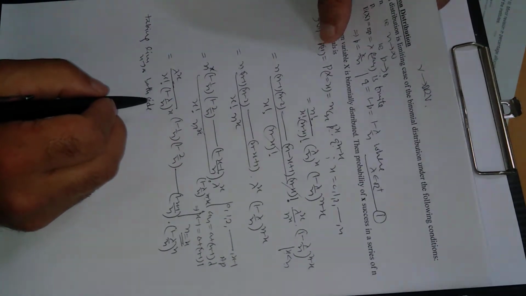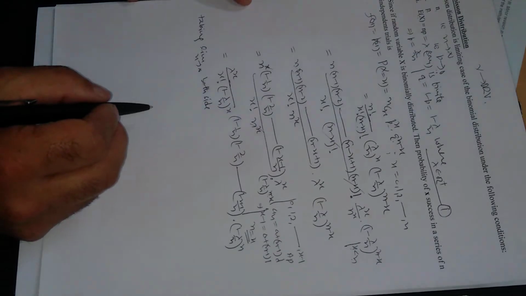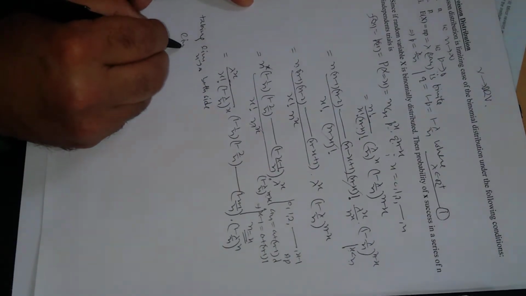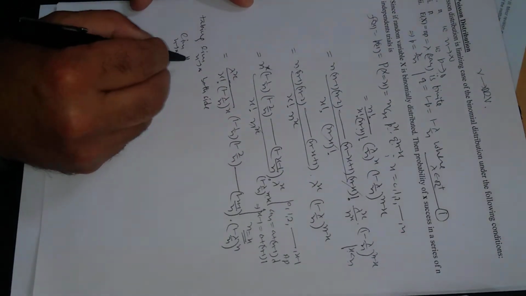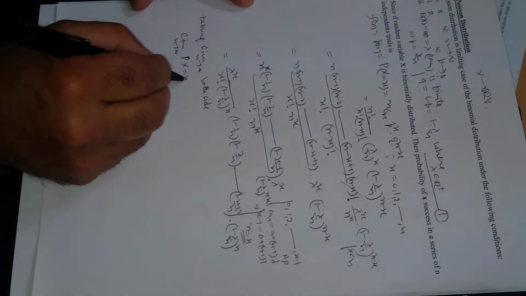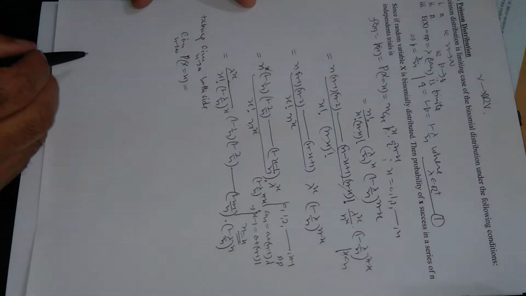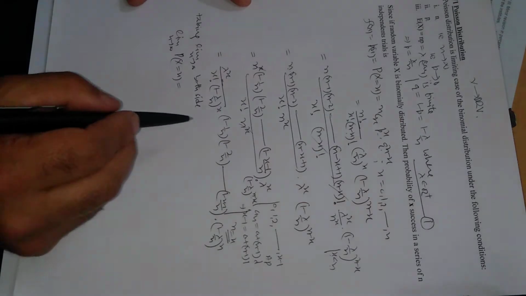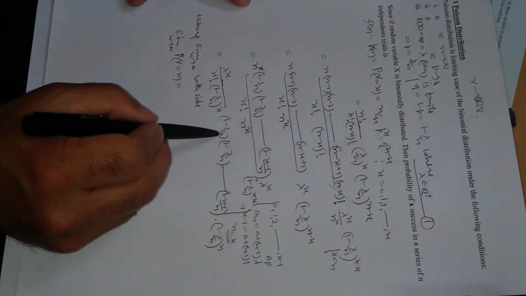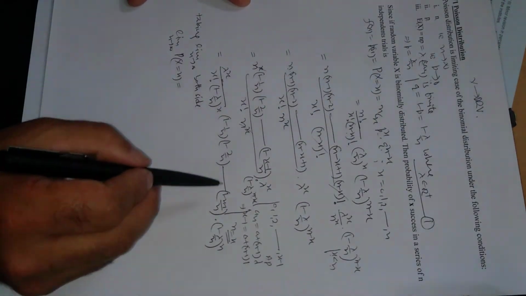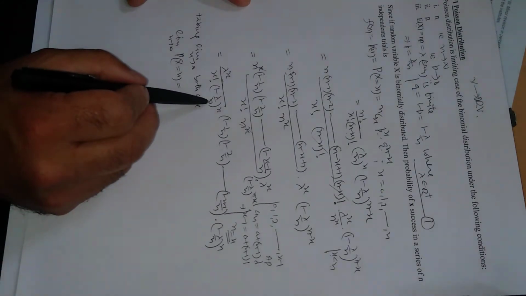So what we will get, this is limit n approaches infinity of p of x equal to small x. Now apply the limit here. If you put n equal to infinity, this is 1 upon infinity, 0, so this factor will be 1, this factor will be 1, this factor will be 1, this factor will also be 1, because x is constant. We are applying the limit for n.